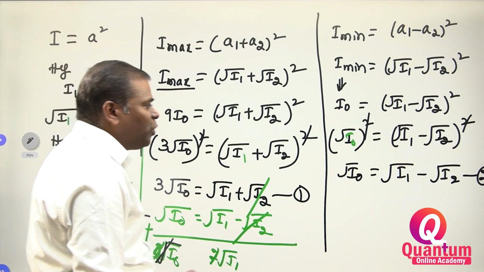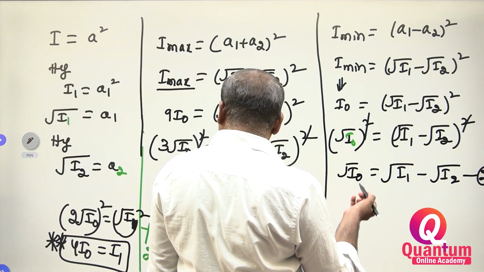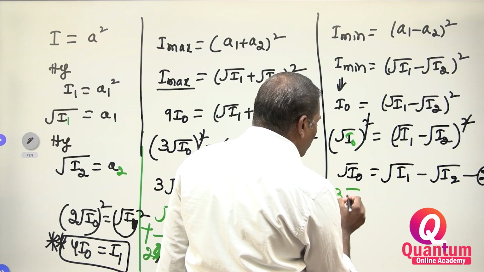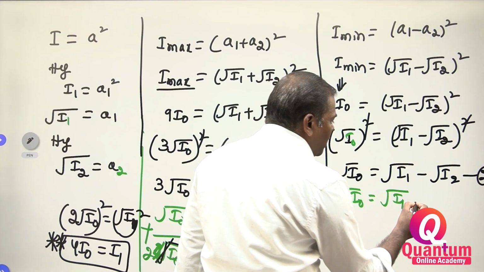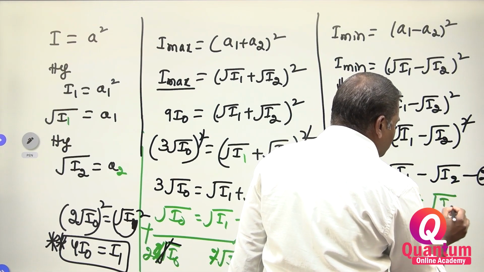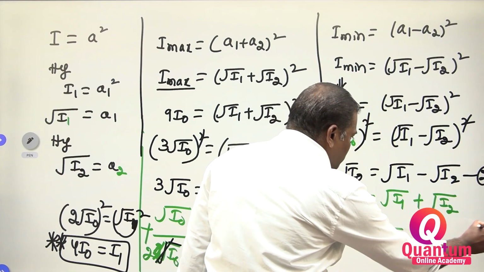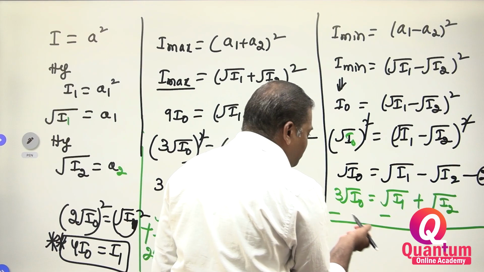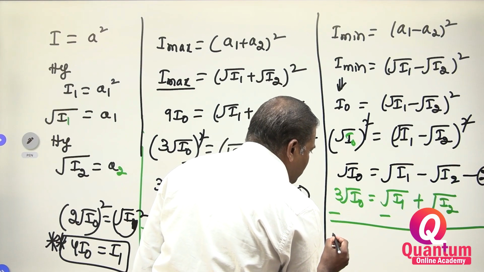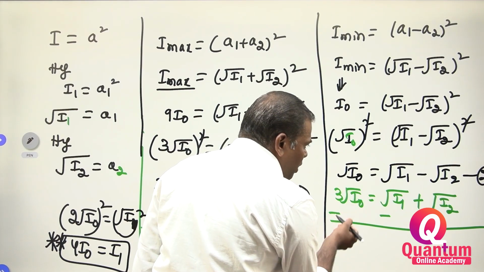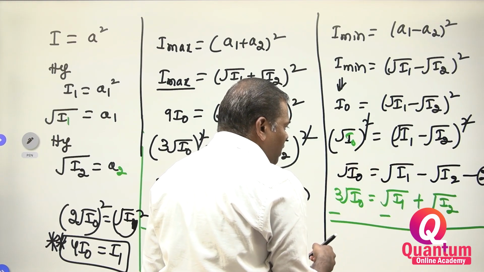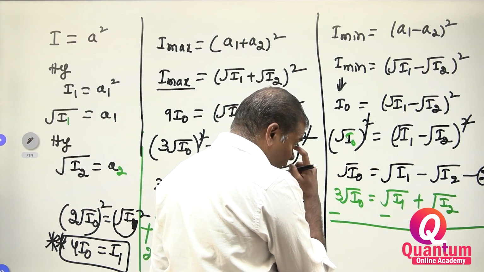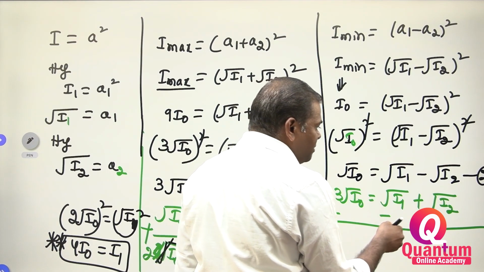Next, what you have to do? You have to subtract it. What you will get? 3 root I naught is equal to root I1 plus root I2. So subtract the equations.